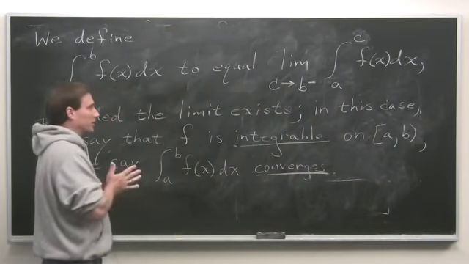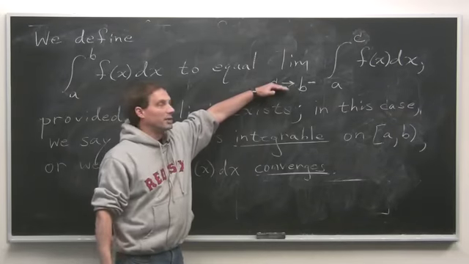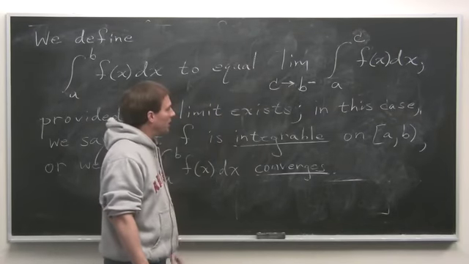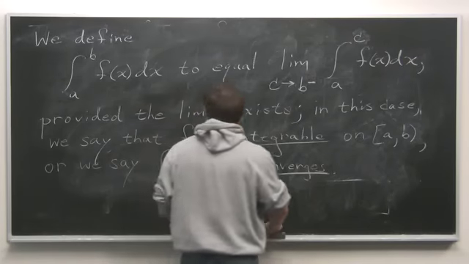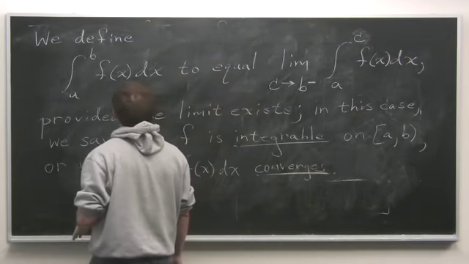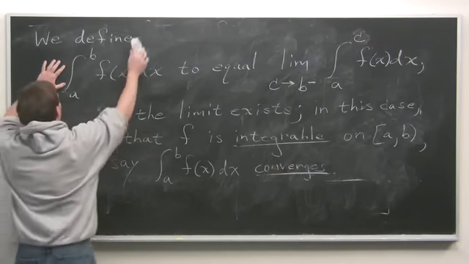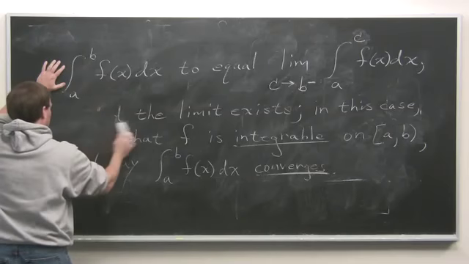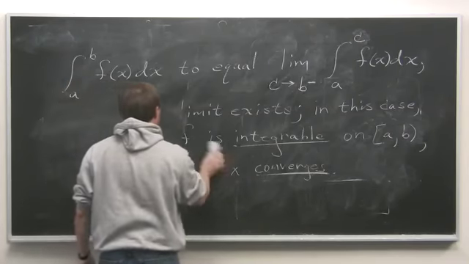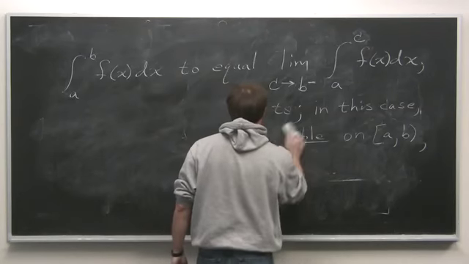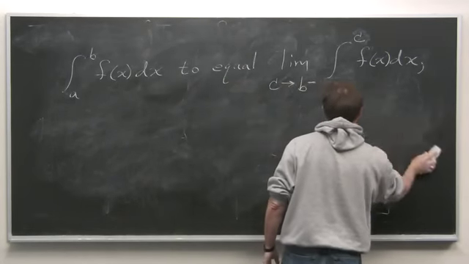Some sources will tell you that an improper integral is just a limit of these Riemann integrals. Others will say what I'm going to say. Our definition is that this integral is improper if a or b is plus or minus infinity.